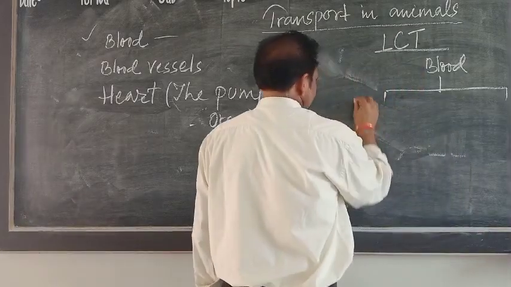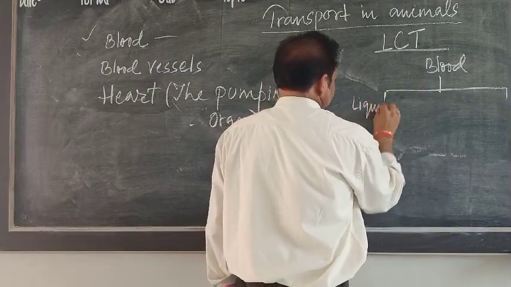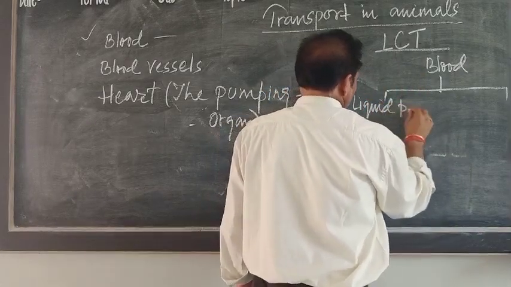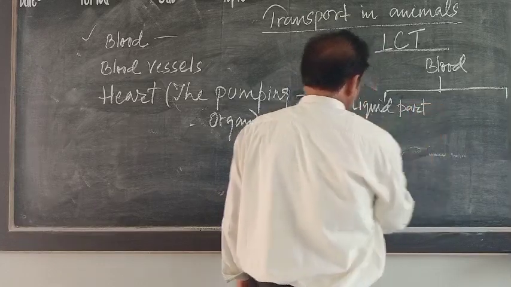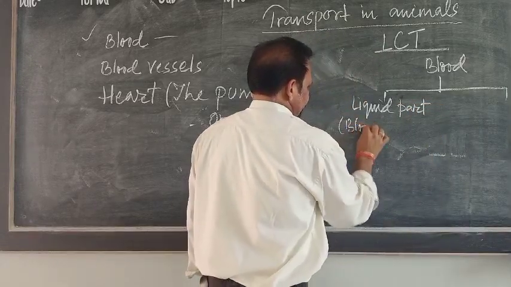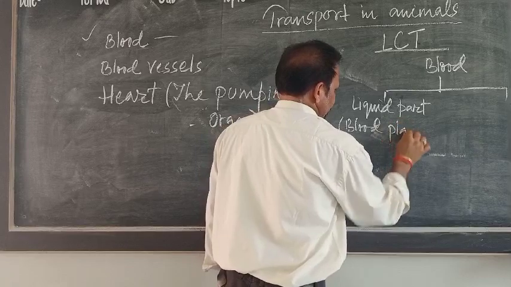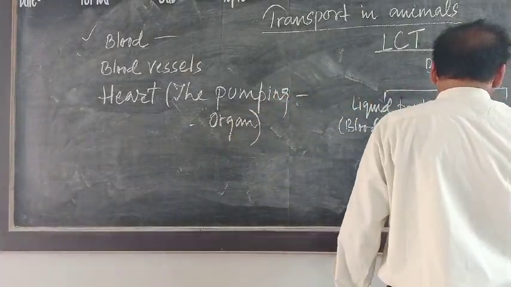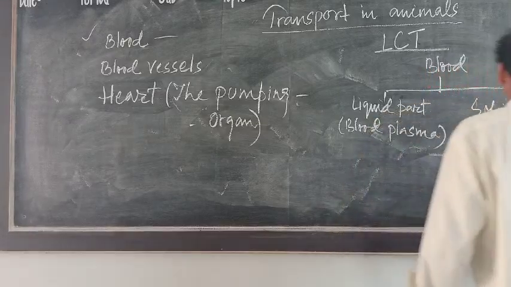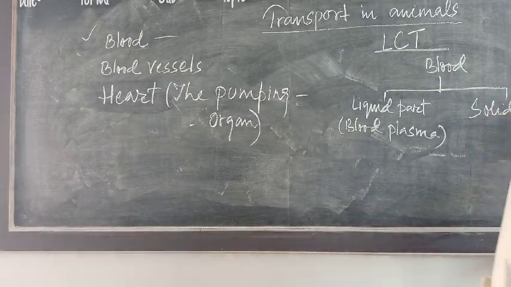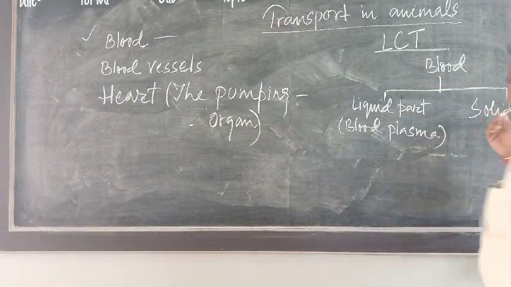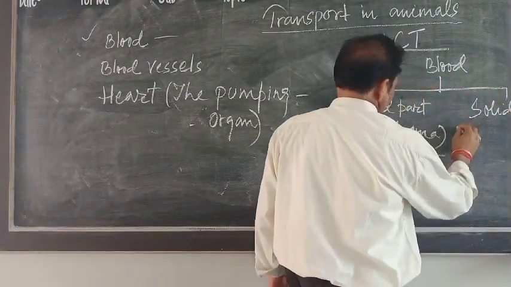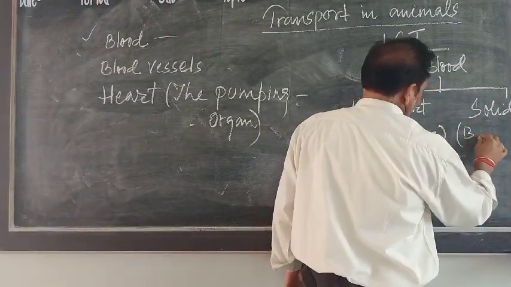First part is its liquid part, which is known as blood plasma. And second part is the solid part of blood.